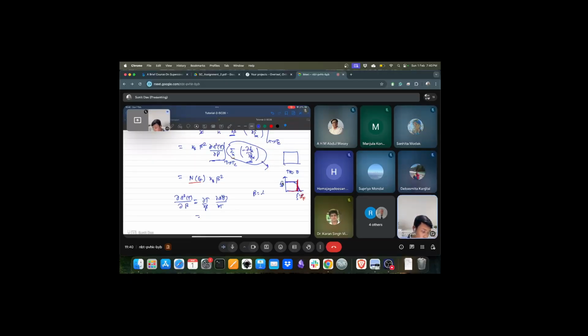Beta is 1 by k_B T, so del beta del T will be minus k_B T squared, and inverse of that gives minus k_B T squared.